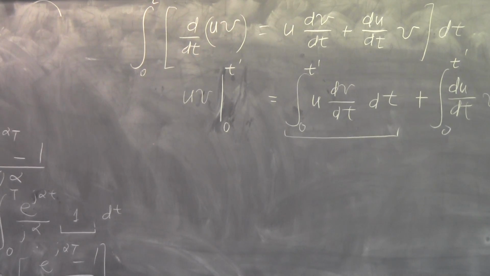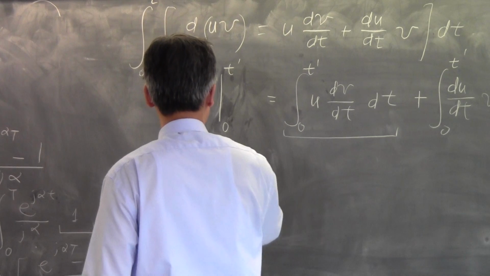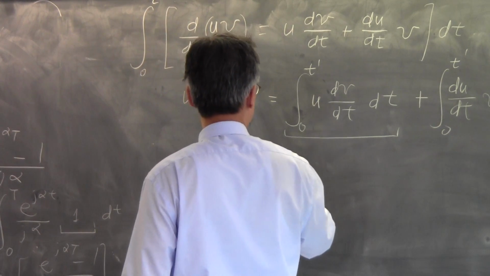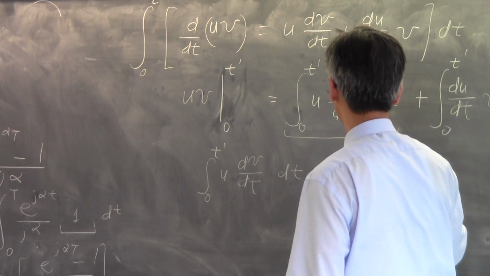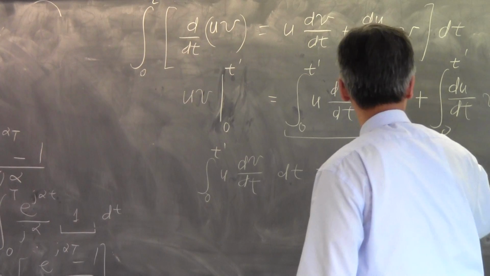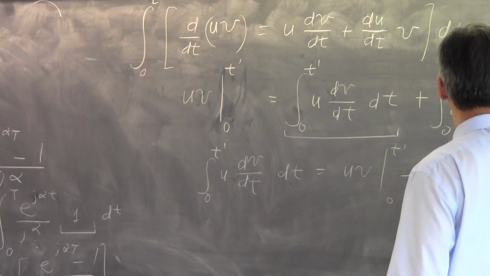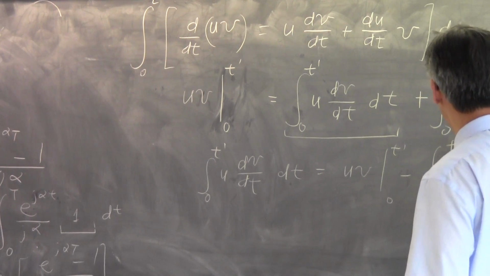This is a derivative of something else. So you can always write the integral from 0 to t prime of u dv dt dt is equal to uv from 0 to t prime minus the integral of du dt v dt from 0 to t prime.